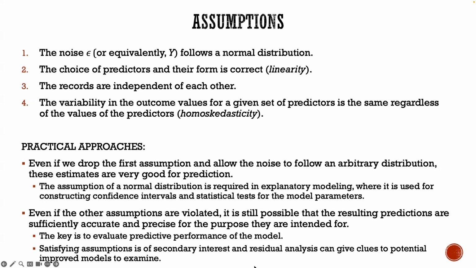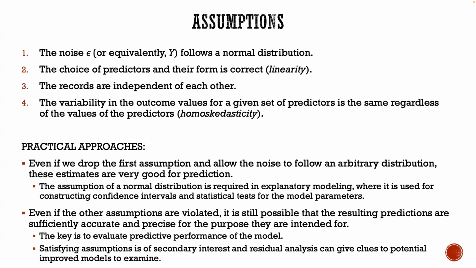So some practical approaches in the case of data mining and predictive modeling: the good thing is many of these assumptions don't matter as much. In an explanatory model, all these assumptions are extremely important.